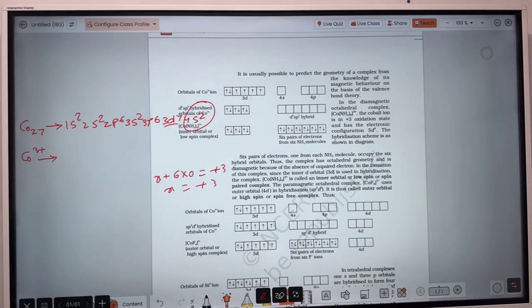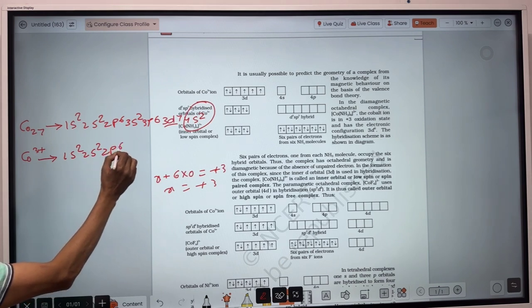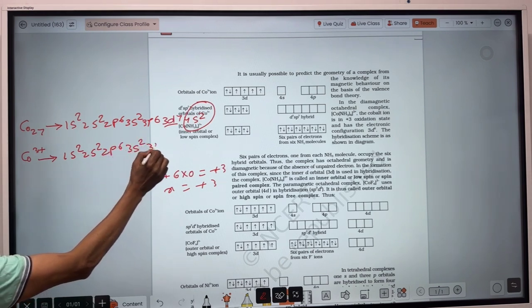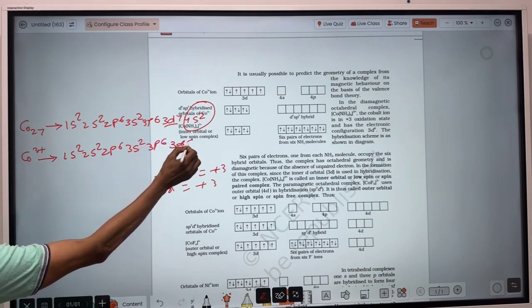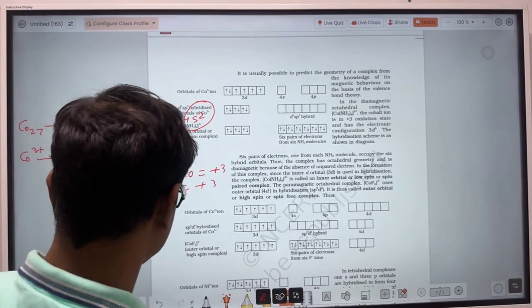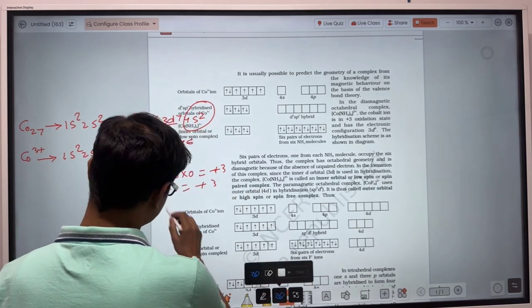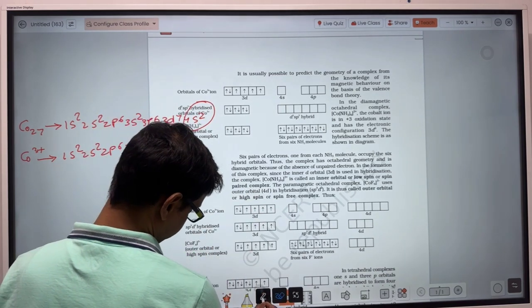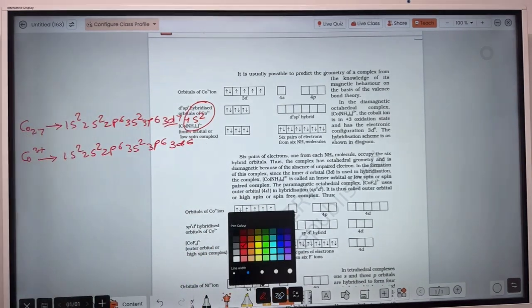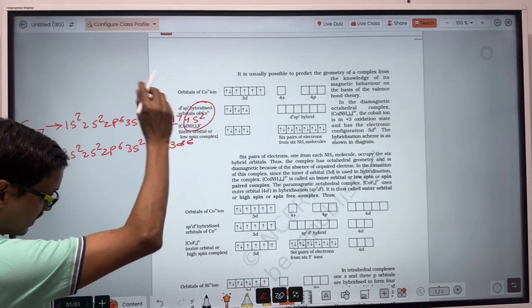So then the electronic configuration will become this one. Now let's see what happened here. 3d6 means 3d6 here, and 4s orbital is also there.